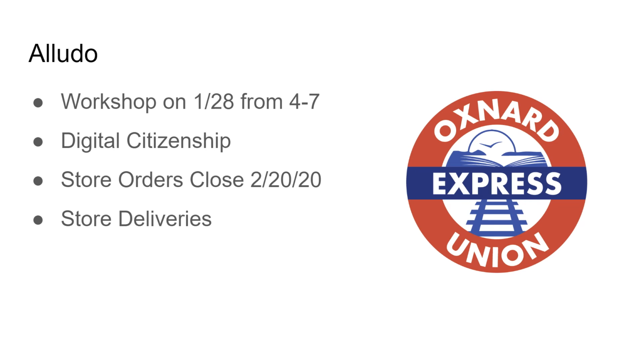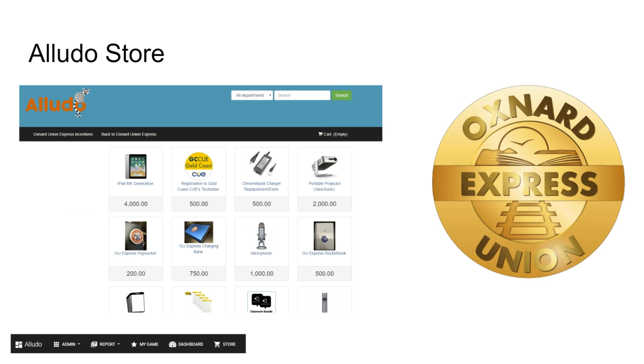Right now, I do orders about once a month, so some items take longer than others, so I do apologize for the delay on some items. I just try and get those to you as soon as I can once the order's been processed through us and then delivered and then out to you. So again, get your Alludo store items ordered before the 20th.